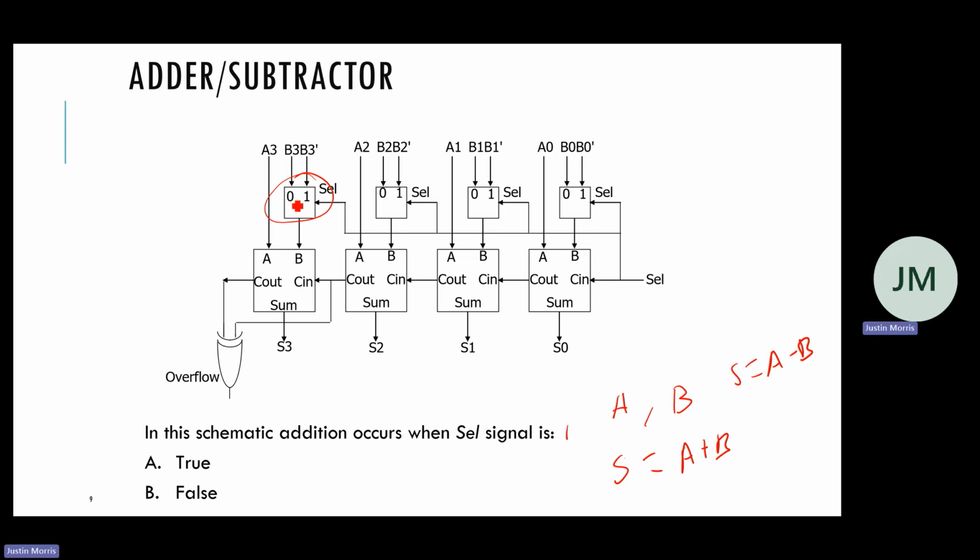So if select is 0, I do nothing to B, right? It's just B, and then select is also my carry in. So I don't have a carry in either. This is an adder, this is an adder, this is an adder, this is an adder, right? So it's just going to give me the 4-bit sum, which is now S is A plus B.